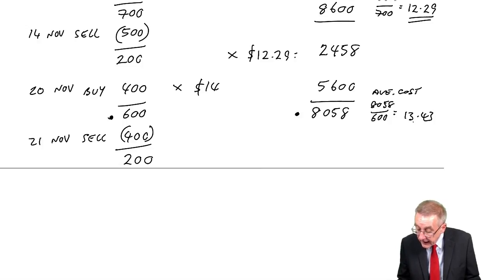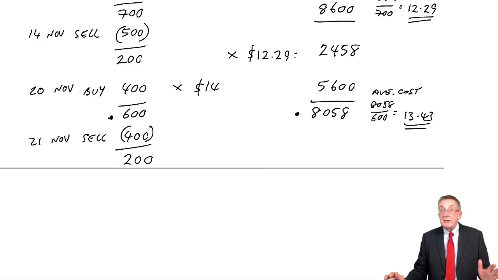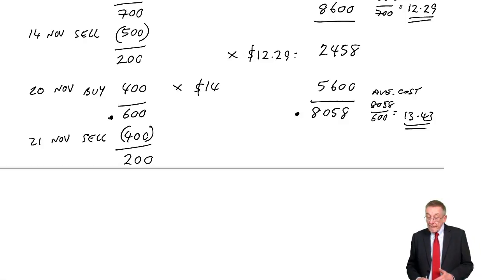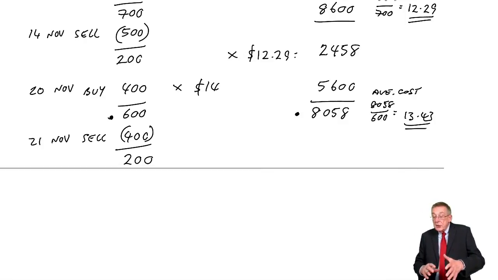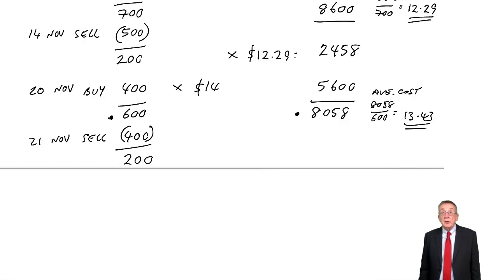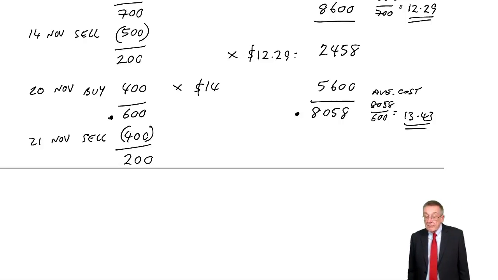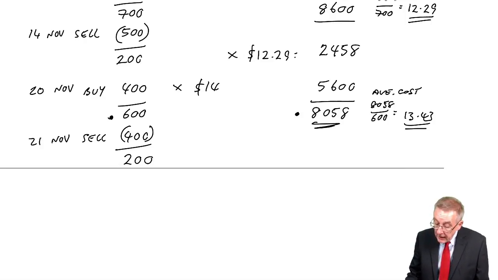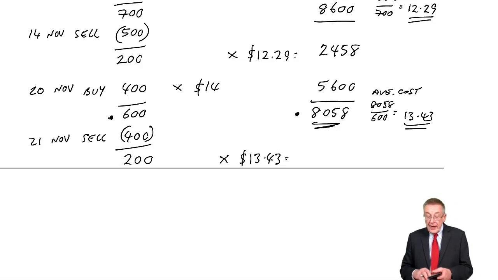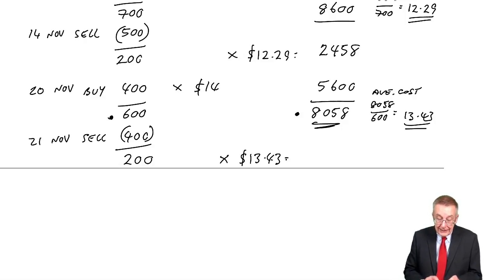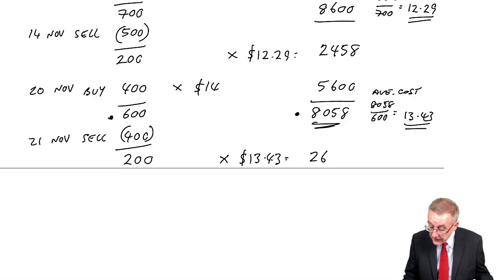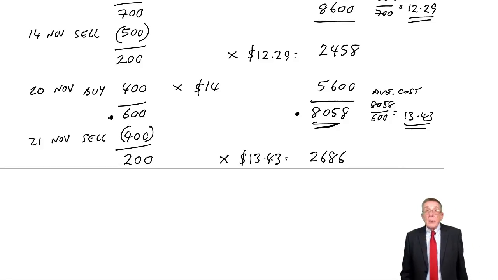And incidentally, in the exam, do things to the nearest cent. So we had 600 units costing on average 13.43 each. We sold some, we've 200 of them left, and so at 13.43, they'll be valued at 2,686.